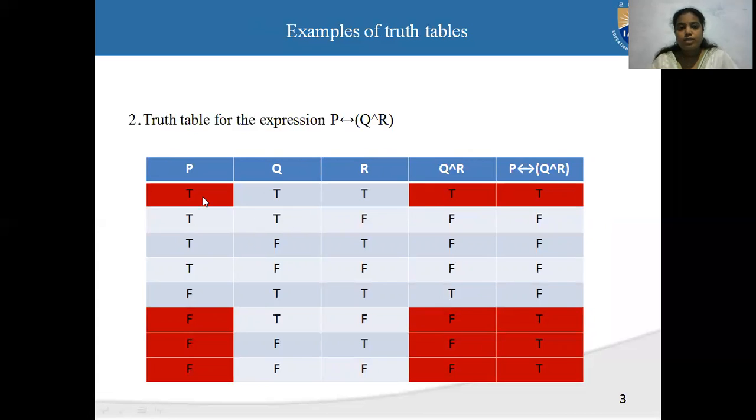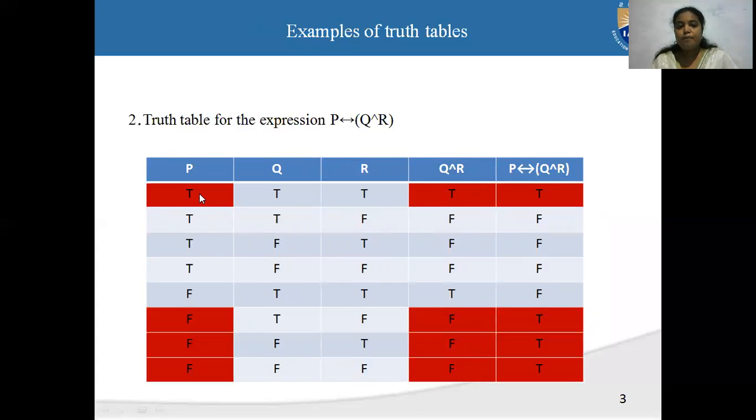P is one statement and Q and R is another statement. True follows true, so true. Next false follows false, true. False follows false, true. False follows false, true. The remaining are different. True follows false, so false. True follows false, false. True follows false, false. False follows true, false.